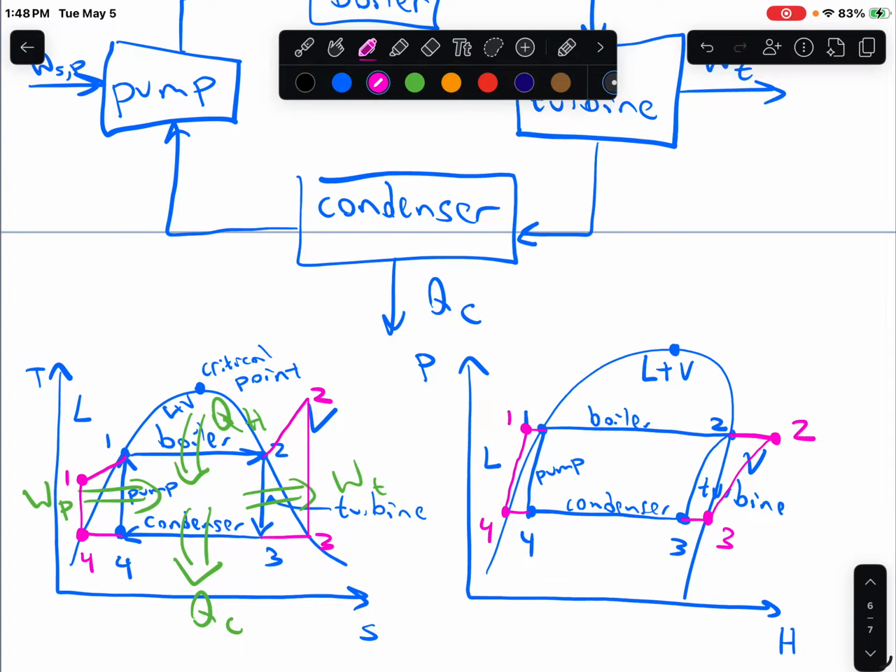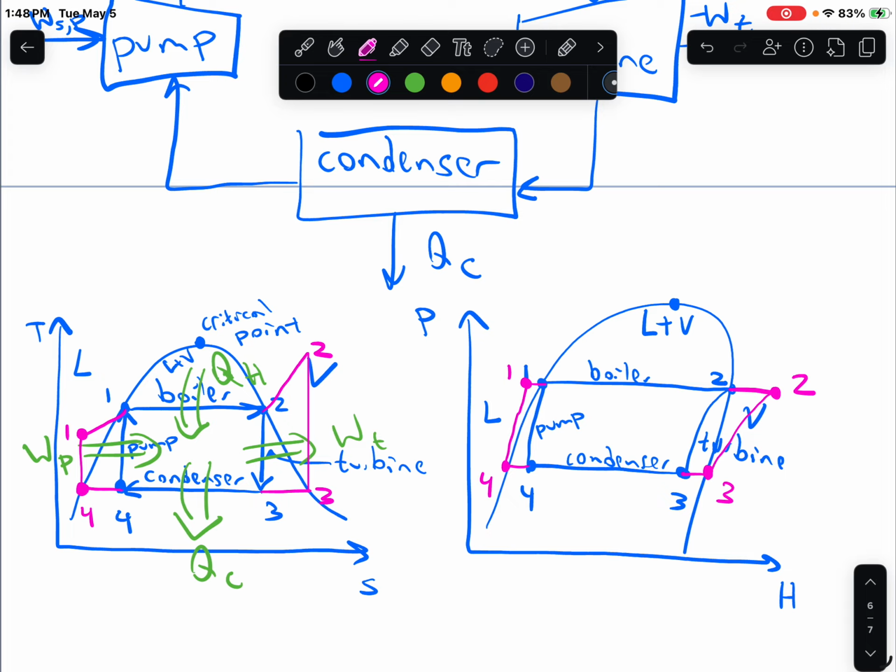The last thing I want to add, well, hold on, let me just say that what we're sacrificing here is going to include efficiency, right? Because let's imagine my fuel now has to burn at least this hot, which is actually far higher than the boiling temperature of the liquid in the boiler, right?